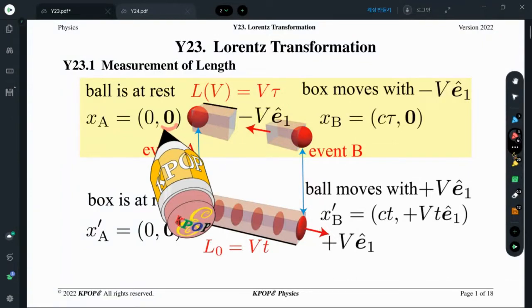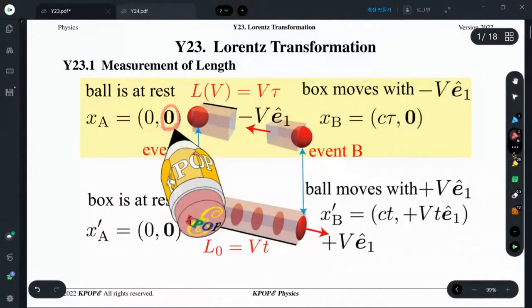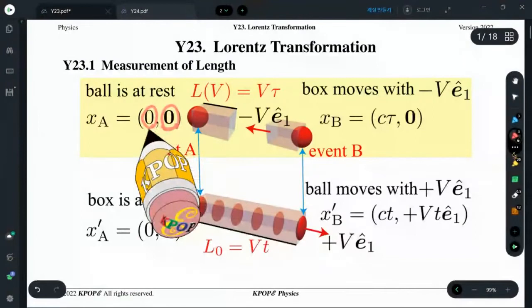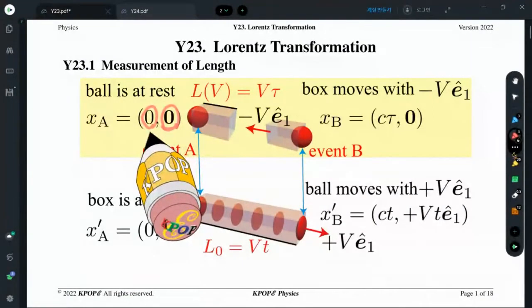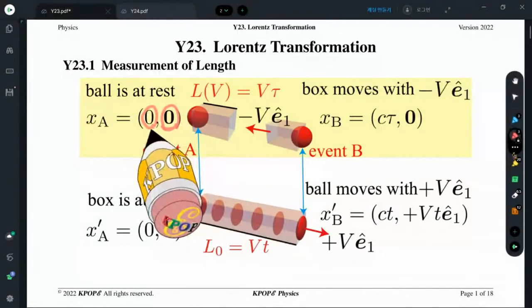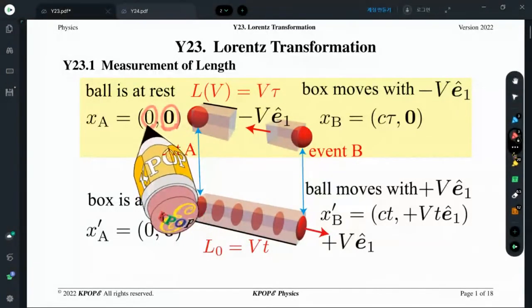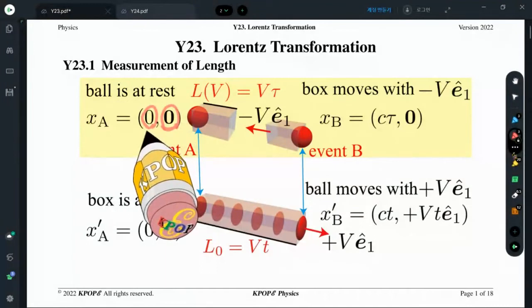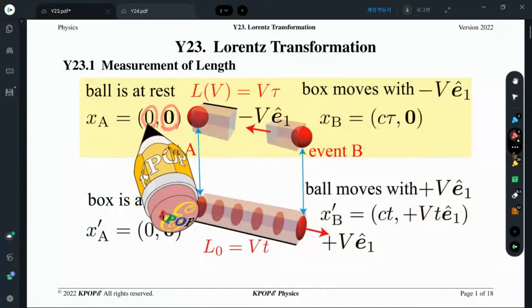So this is a position vector for the spatial coordinate, and this is the position in time, because the dimensions of time and position are different. So we multiply a constant speed of light to the time.